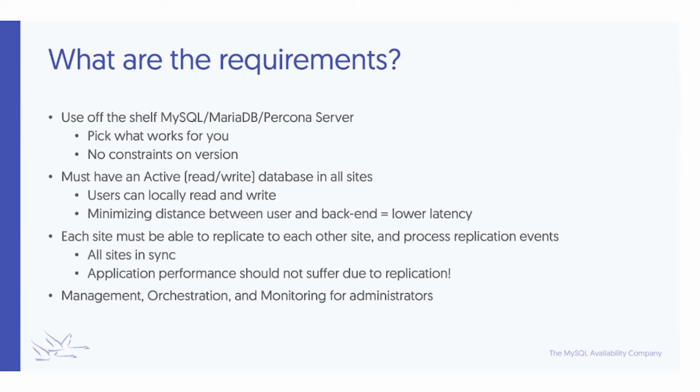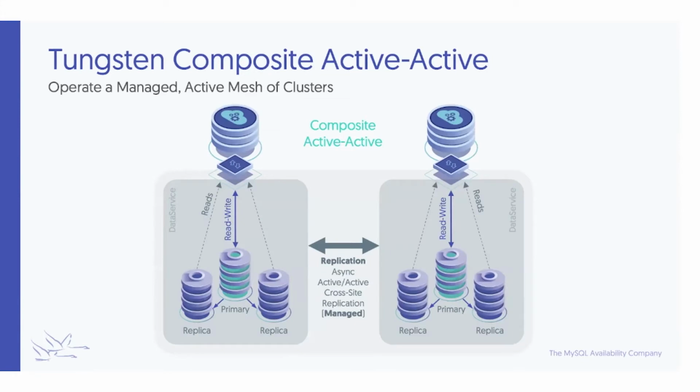So with Tungsten Clustering, this is really easy because we already have the Tungsten cluster deployed locally and all the components are available. We just extend that to all the other sites and join each cluster with Tungsten replication. This replication between sites is the same replication technology that's used within each local cluster. It's asynchronous, so what that means is replication happens in the background.